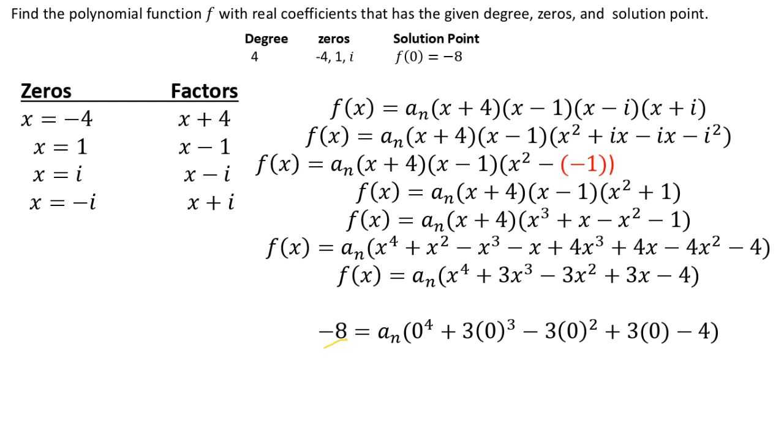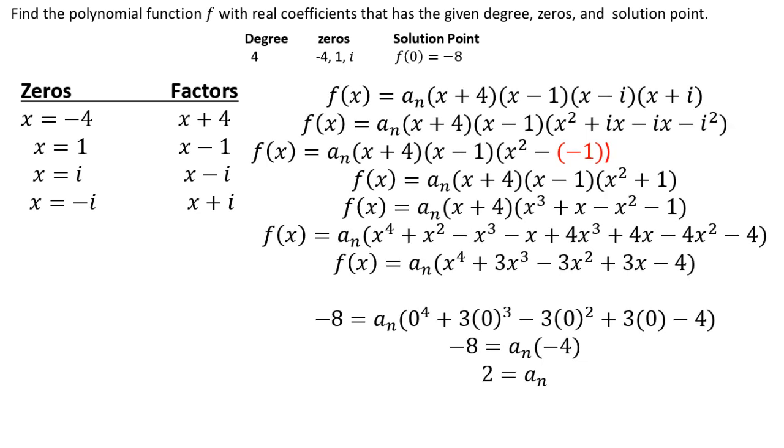So 0 to the 4 is 0, 0 cubed is 0, 0 times 3 is 0, 0 squared is 0, 0 times -3 is 0, 3 times 0 is 0, so 0 plus a -4 is just a -4. To solve for a sub n, I'm going to divide both sides by -4, and this gives me a sub n is equal to 2.